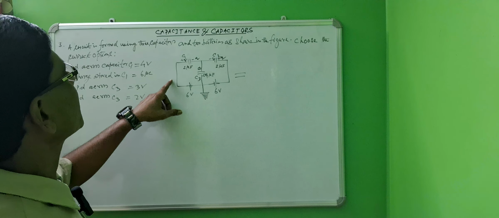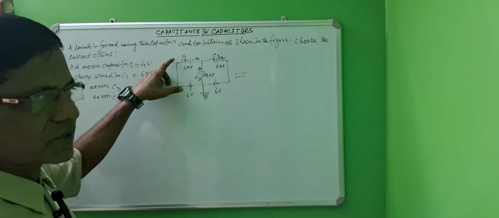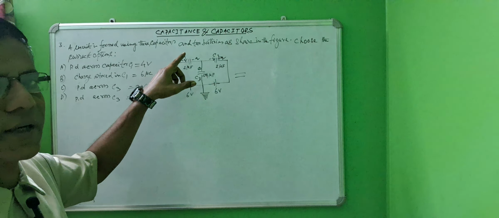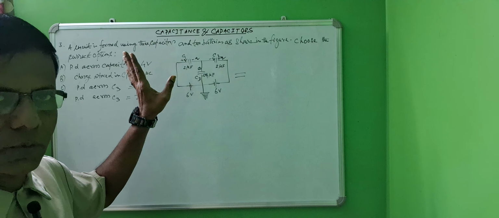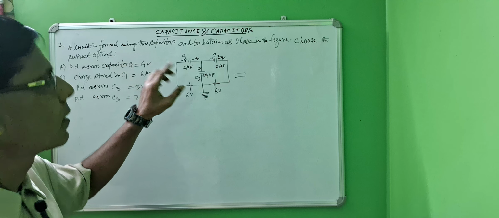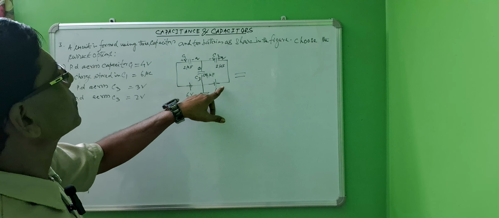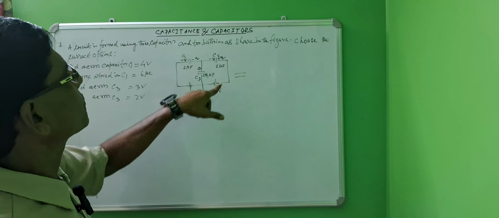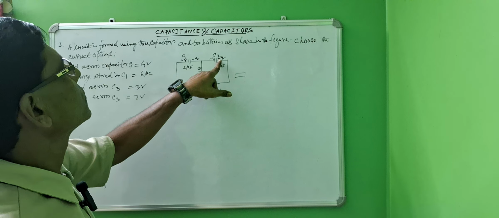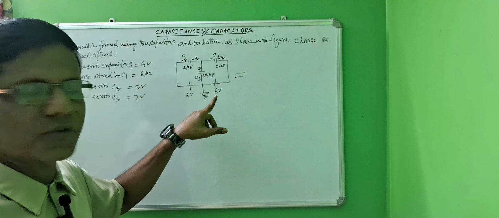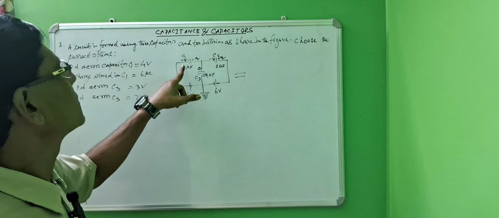Suppose the charge coming from this end is plus Q. So the second plate, the negative plate, will get minus Q charge, no problem at all. In this way charge also comes from this battery, plus Q, because this is also 6 volt.